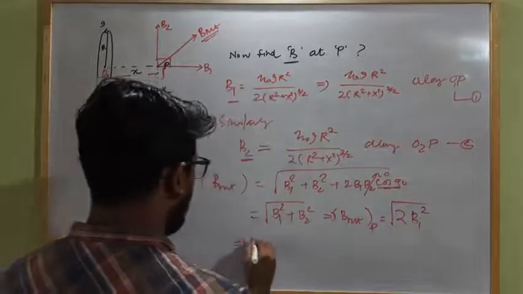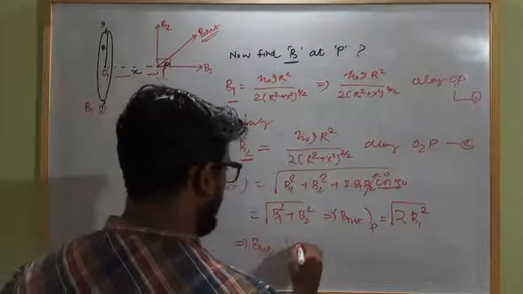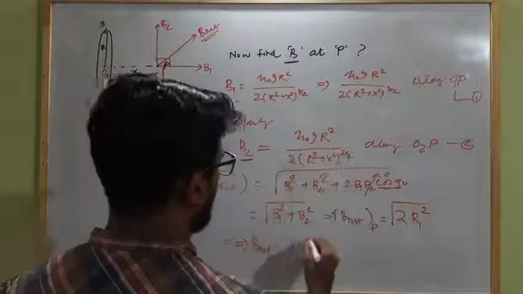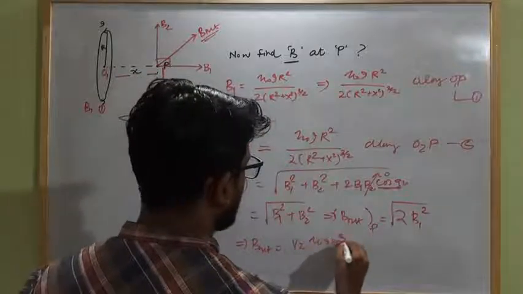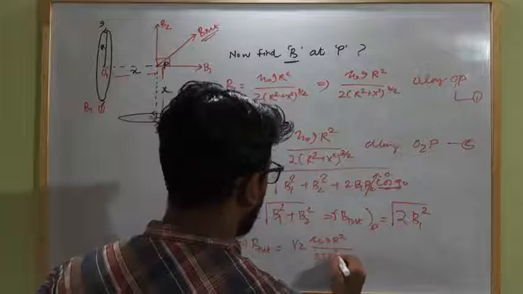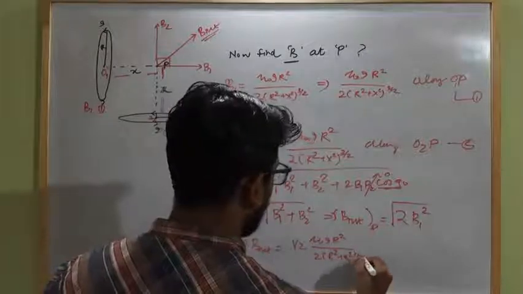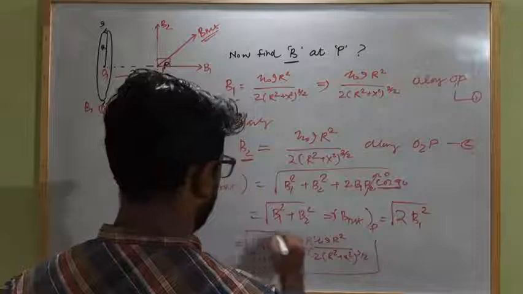So this implies B net will become how much? Root 2 B1, that means root 2 into mu naught I R square divided by 2 into (R square plus x square) to the power 3 by 2. Clear?